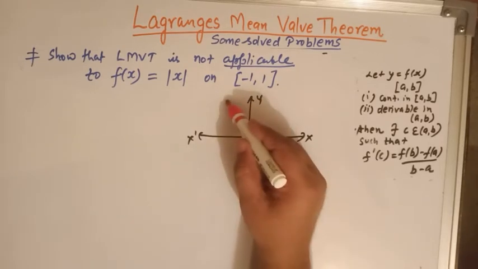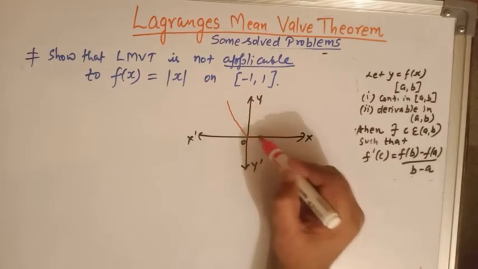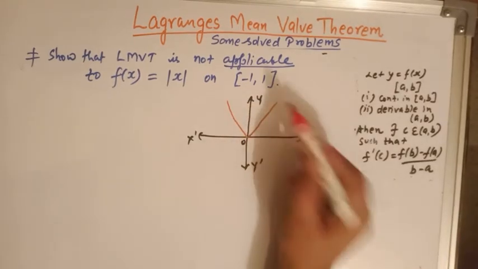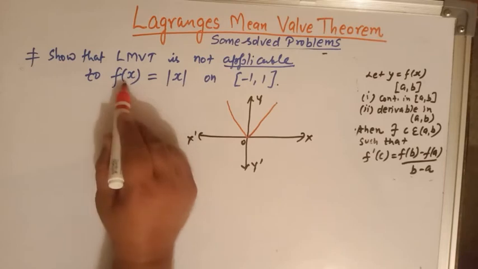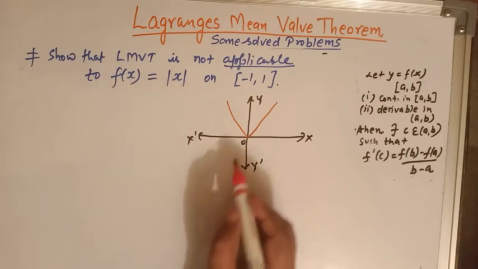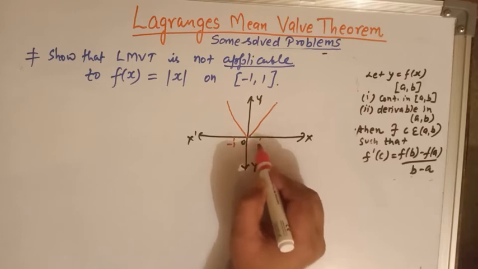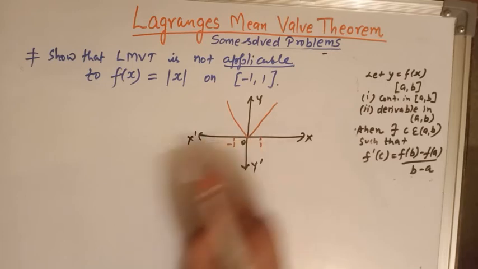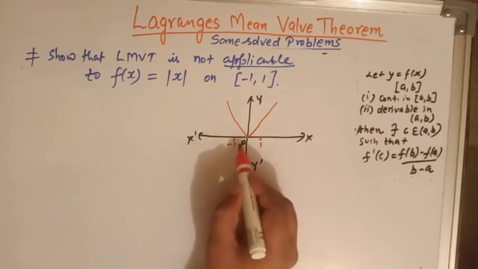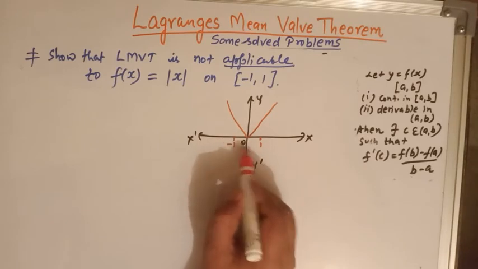This is the graph of f(x) equal to mod of x. Now say here we have minus 1, and say here we have plus 1, and here we have 0. Now we have this interval minus 1 to 1.